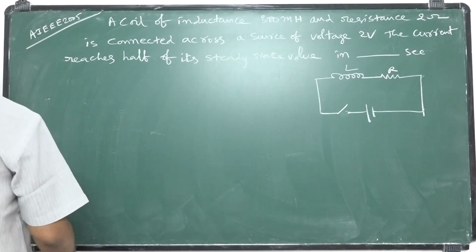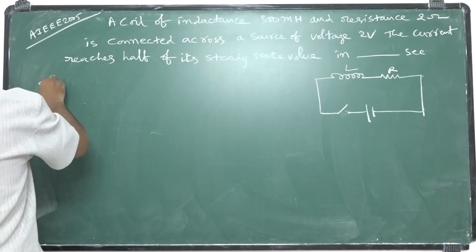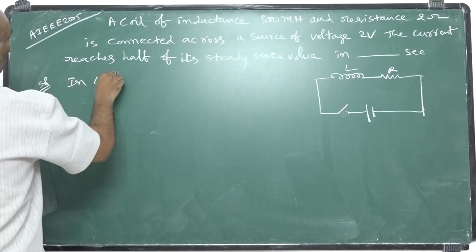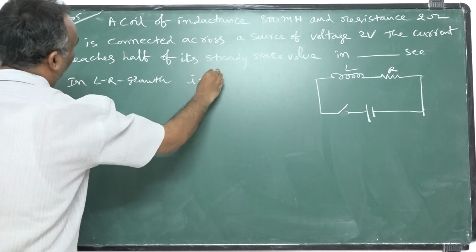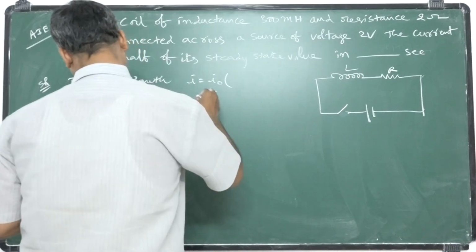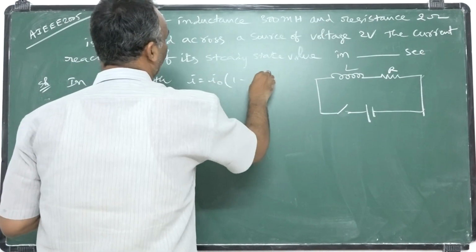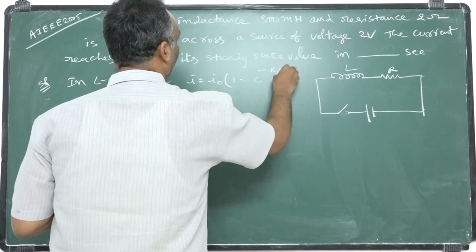So in LR growth, the general equation is I equal to I naught into 1 minus e power minus R by L into t.